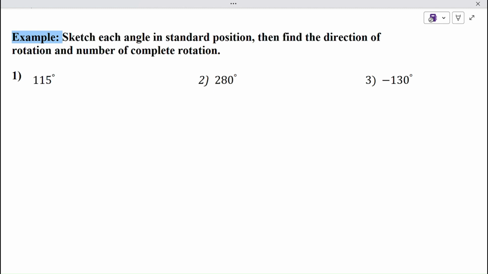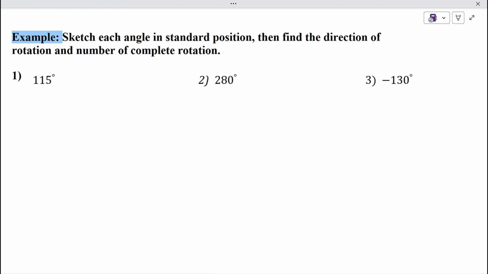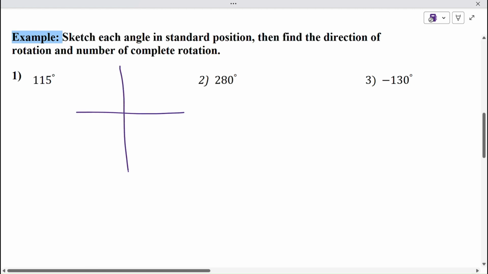Okay, the first angle is 115 degrees. Let's write it nicely.